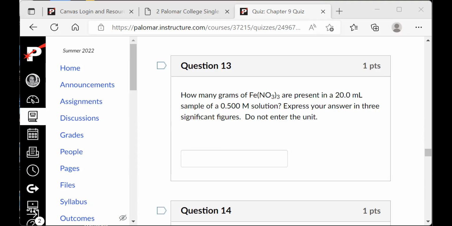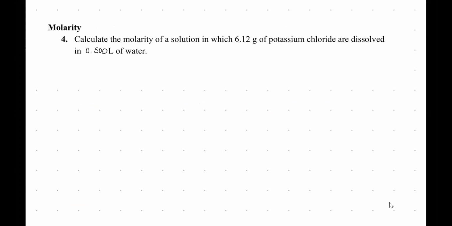Let me share my screen. So here we have another example.